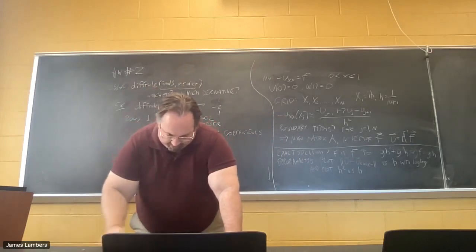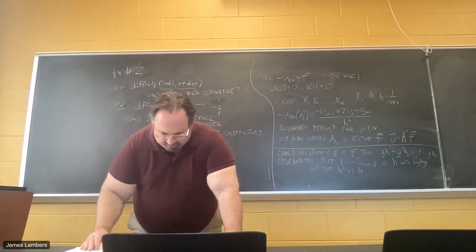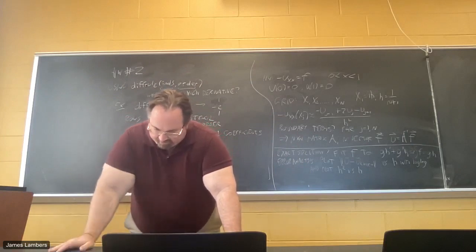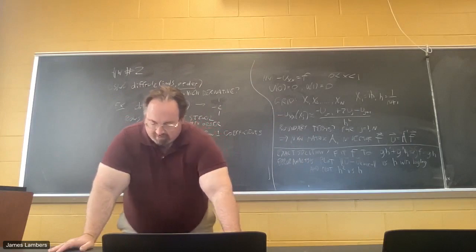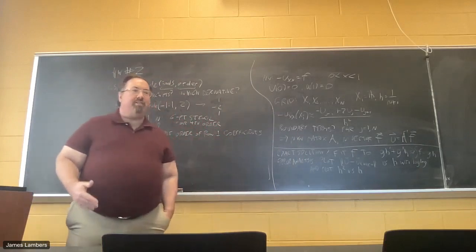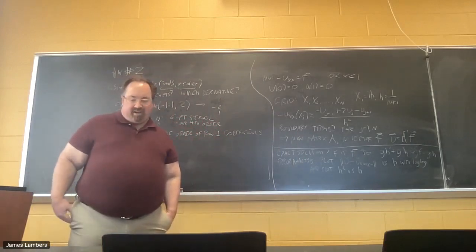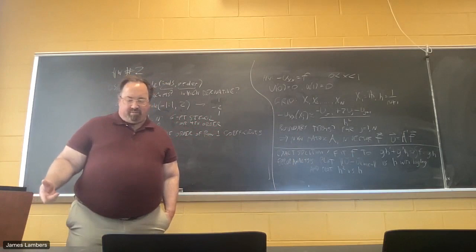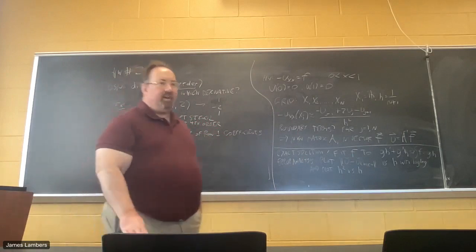Okay. So keep in mind the definition of local truncation error, which is the matrix times the exact solution minus the right-hand side. If you take the local truncation error equation given in the hints, I just rearranged it.